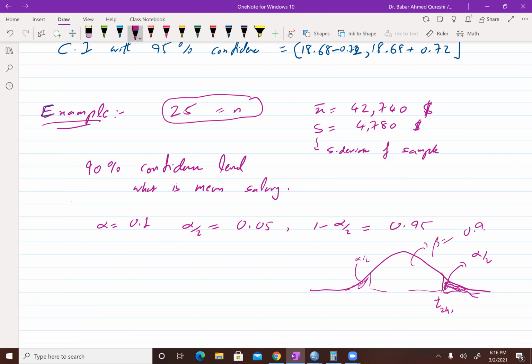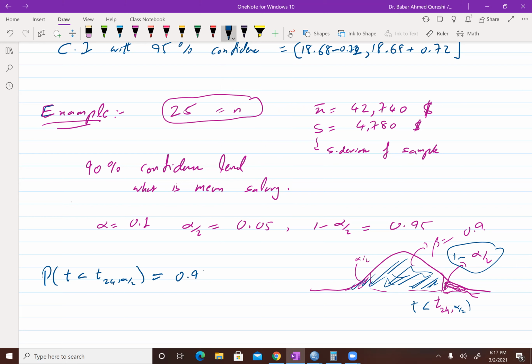But to get to here, you use all this cumulative probability. The probability for T to be less than this number is equal to 1 minus this number, is equal to 0.95.